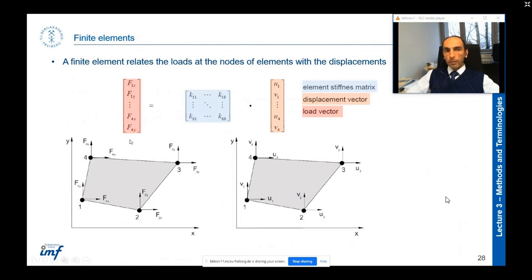Finally, when you obtain the equations, for each node you will have some equations to solve, and if you want to solve it for your whole problem, it becomes a matrix form.